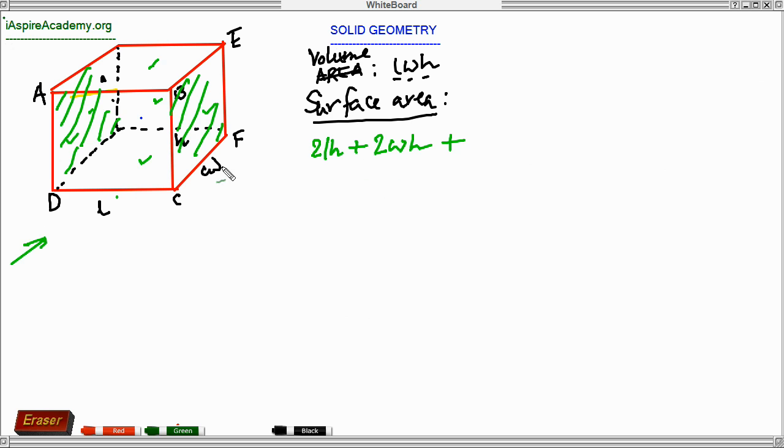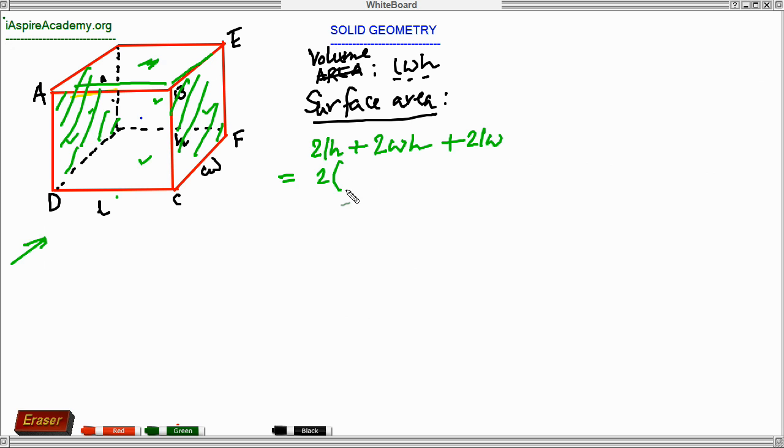So we have covered 4 surfaces already, with 2 more remaining, the top surface and the bottom surface. What are the dimensions here? We have L, which is this one, and this W. So 2 times LW.